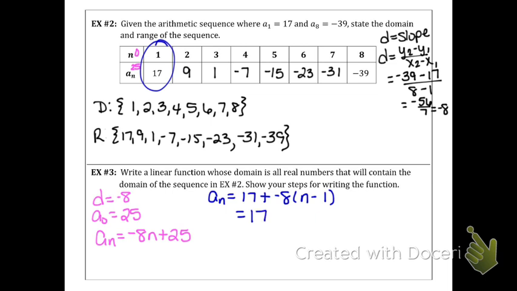So this is 17 minus 8n plus 8. Just gives me 25 minus 8n, the same equation. So either way we do this, we come up with the linear function. So it's f of n equals 25 minus 8n, or negative 8n plus 25. It doesn't matter which way.